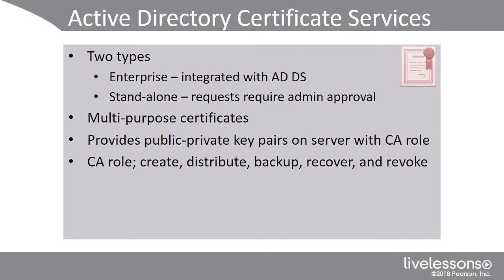We create a key pair, a public and a private, on a server that contains the CA role, Certificate Authority. The public-private key binds the identity for that person or device. So make sure the two talking to each other are who they say they are. Once installed, the CA role creates, distributes, revokes, and we can even perform backups and restores of our certificates on that server hosting the CA role.